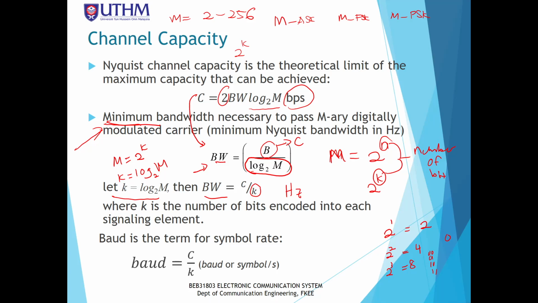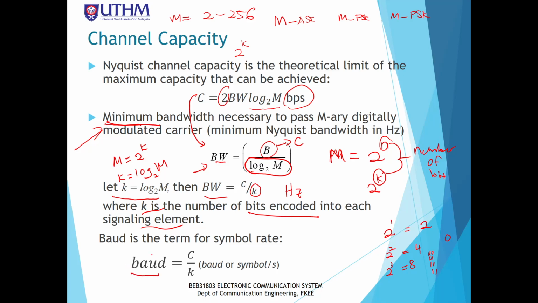Okay, so k is the number of bits encoded into each signaling element, and you see that c over k is also known as the symbol rate, which is called baud.